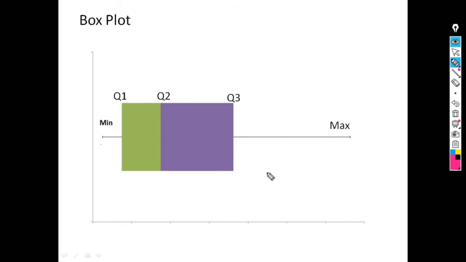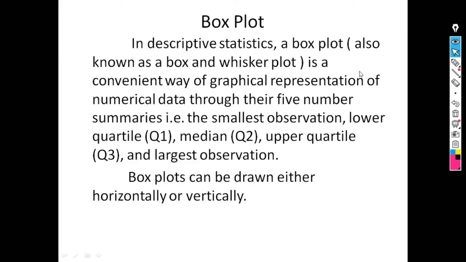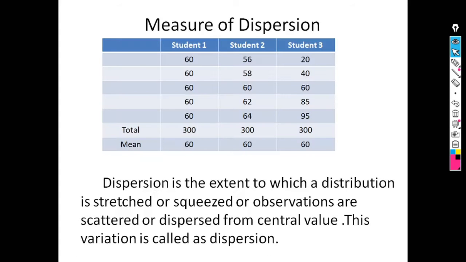They take less space, therefore they are useful for comparing distributions between several groups or data sets. The main function of box plots is to give a representation of numerical data through their 5-number summaries, that is smallest observation, lower quartile, median, Q3 and largest observation. For the summary of these 5 numbers we draw the box plot.